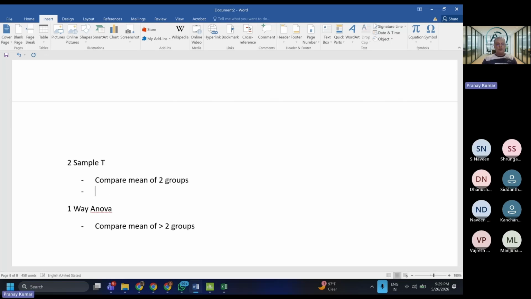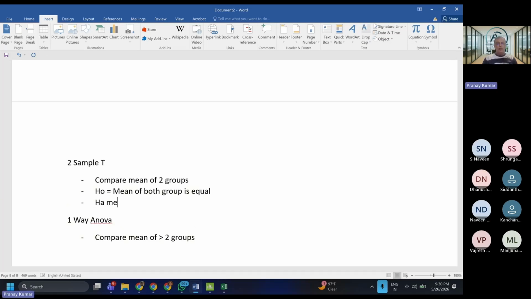Null in the case of two sample t test will say mean of both groups is equal. Alternate will say mean of groups are different.